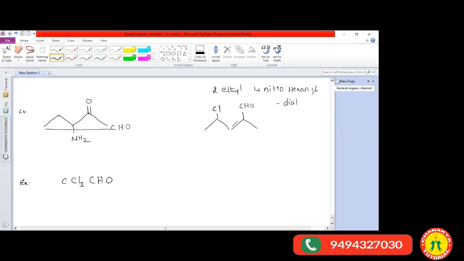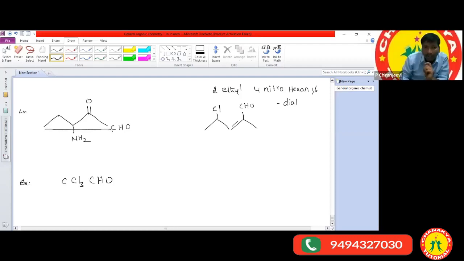Longest chain contains how many carbon atoms? 1, 2, 3, 4, 5 carbon atoms are there. According to the priority order, aldehyde is the first, so we give the first priority to the aldehyde. From there we start the numbering, and substituents have to get the least number. What are the other functional groups? Ketone functional group and amine functional group. The two act as substituents.